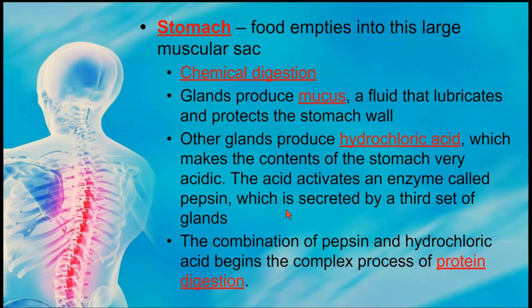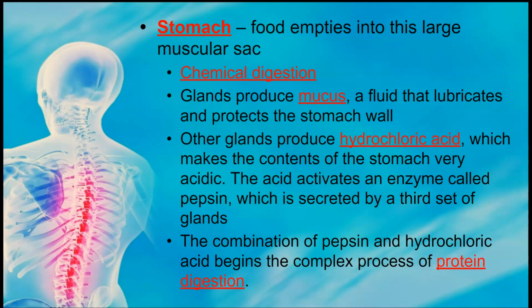So I've only listed 2 enzymes for you: amylase for carbohydrates or sugars, and pepsin for proteins begins in the stomach. Now, it doesn't get very far, but it does start the process of unraveling because these are very long and very complex molecules. The acid itself begins to help break down and loosen the bonds that hold food together.